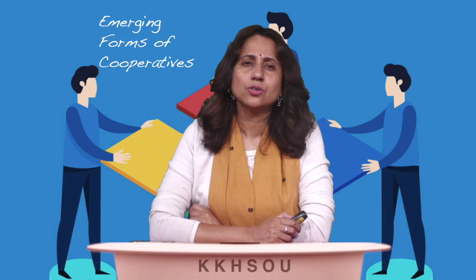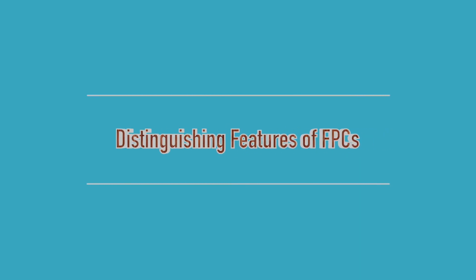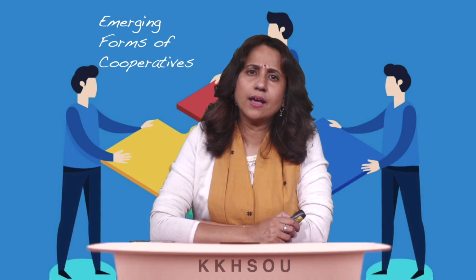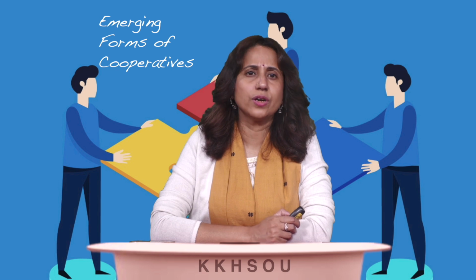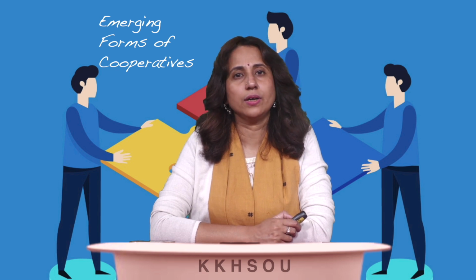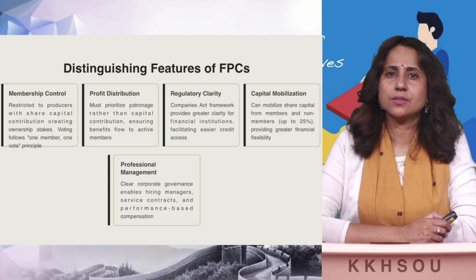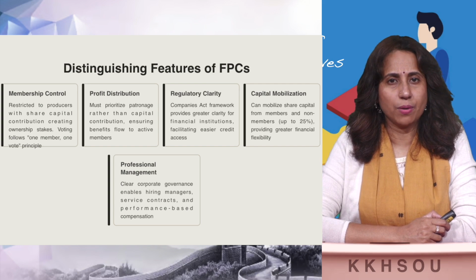So let us now discuss some of the distinguishing features of FPCs. FPCs have several distinctive features that differentiate them from both traditional cooperatives and regular private companies. Membership is restricted to producers, ensuring that control remains with farmers.